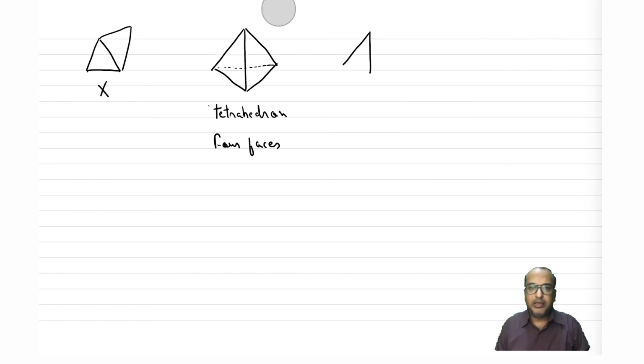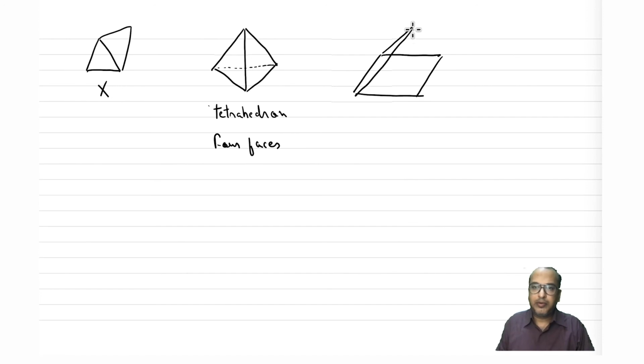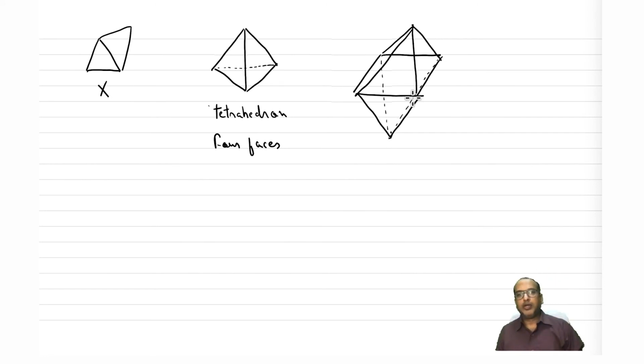Now it will be easier to draw if I first draw a... so you can see that now there are four equilateral triangles on the top, and four equilateral triangles at the bottom. So this forms an octahedron. This also is a closed figure, right? So it has 8 faces.